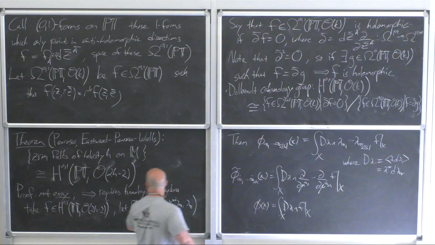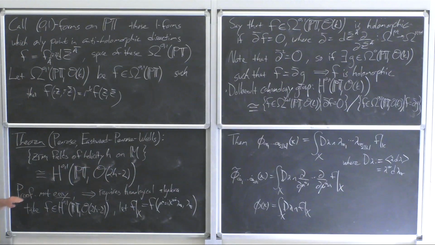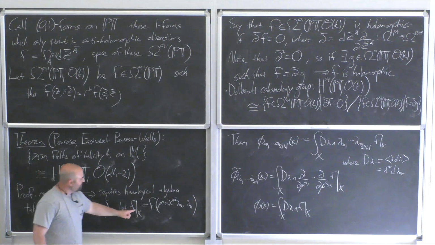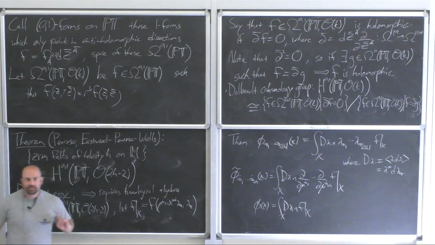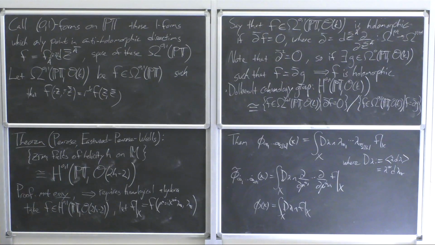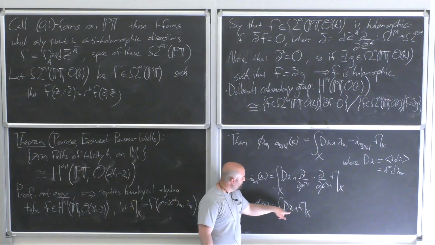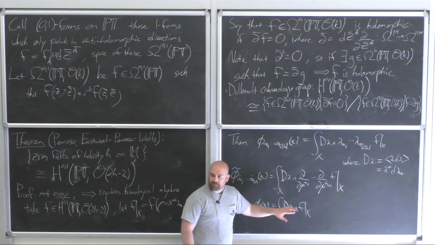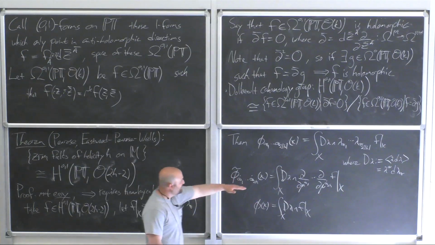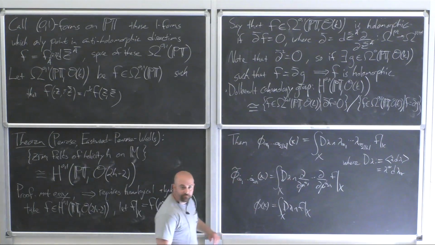And F was a 0,1 form on twistor space. The pullback to the twistor line is holomorphic because the incidence relations are holomorphic. So if it was a 0,1 form on twistor space, F restrict x is a 0,1 form on this line x. So I have a 1,1 form of weight 0, and this integral is well-defined. You could do the same counting for the other cases as well.